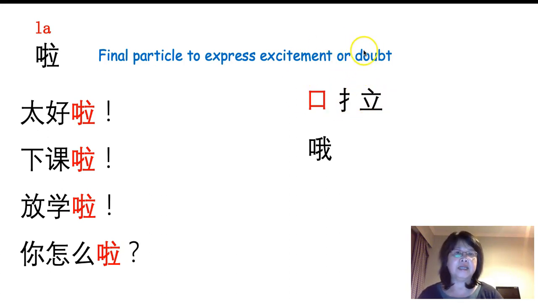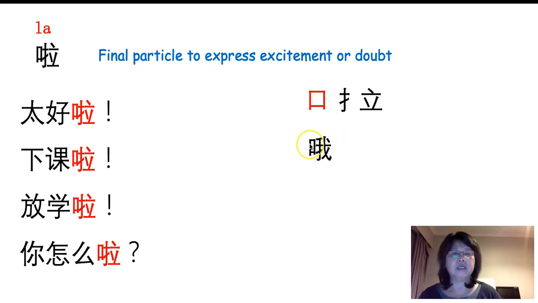The middle bit is called 提手旁, a hand lifting radical. On the right is like a person standing on the ground, using his hand to pull something. So that's la. So put it with 口 mouth. It just expresses a feeling.